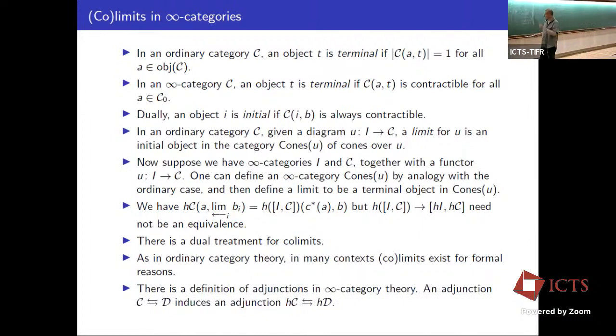There's also a definition of adjoint functors, which is maybe a bit more subtle than you might immediately think. There is a definition of adjunctions, which we won't really get into, but I'll mention that an adjunction of infinity categories does give you an adjunction of the homotopy categories, which is mostly what we want to deal with.